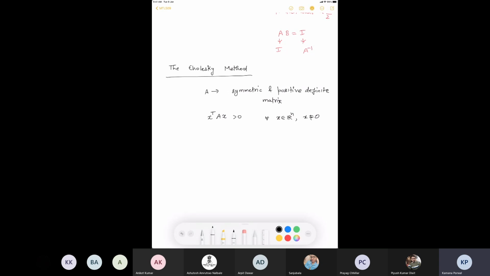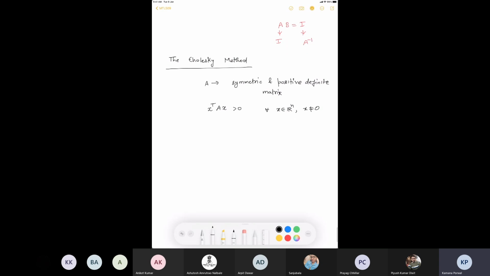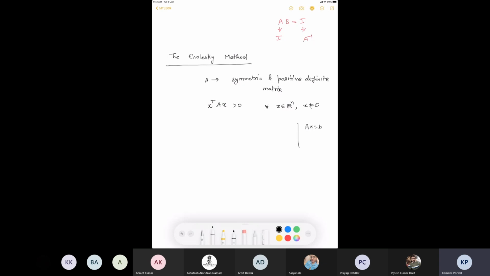Okay, so if you have a positive definite matrix, our interest remains the same, that we are interested in solving Ax = b. In the LU decomposition, we have seen that we can decompose this matrix A as L into U, right?